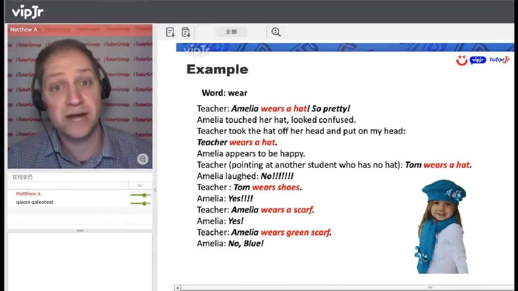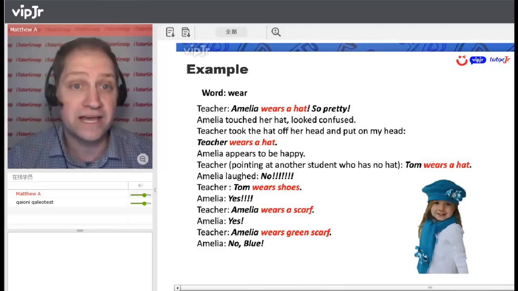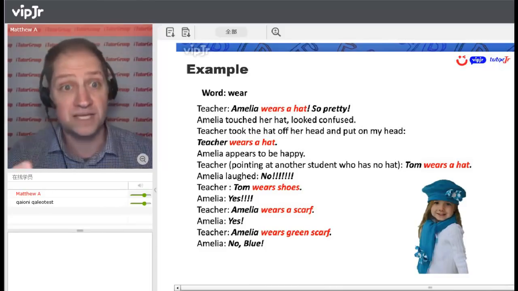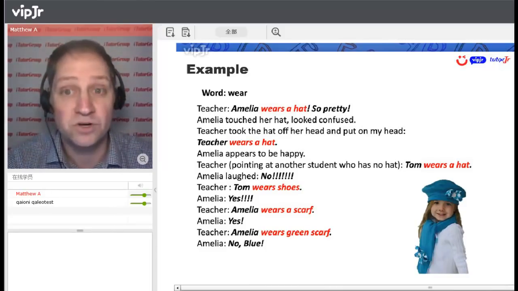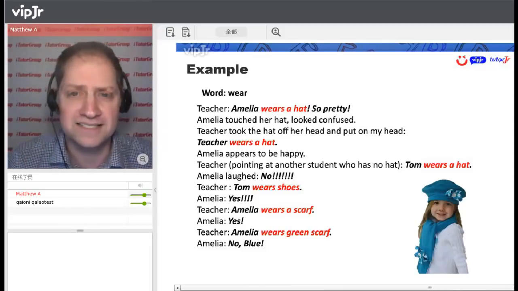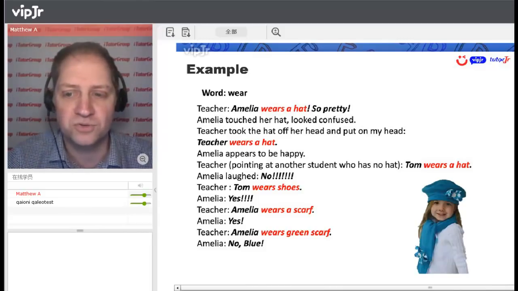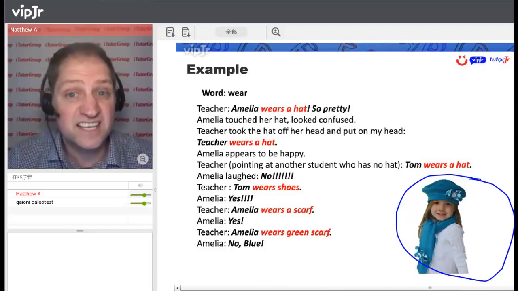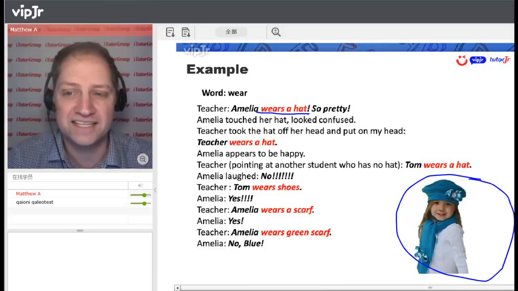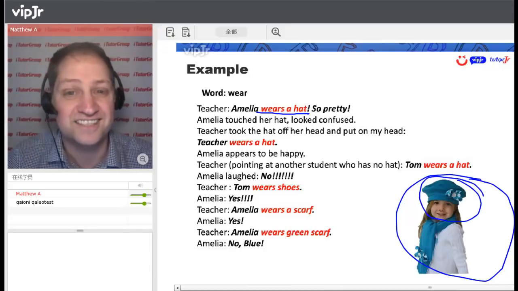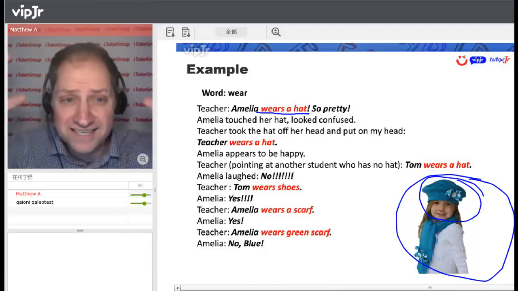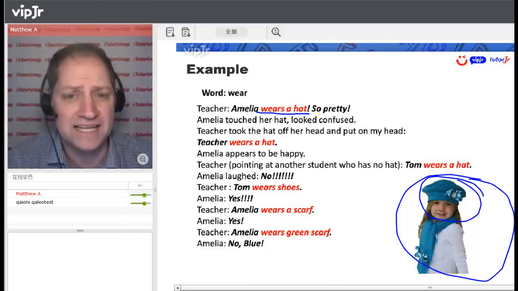So looking practically then at an example, how that might take place. It might be using one of the pages in the lesson, using a photo that we have there. And as a teacher, we say, Amelia wears a hat. So we've got a circle of Amelia. We could point to Amelia. We could say hat. Amelia wears a hat.